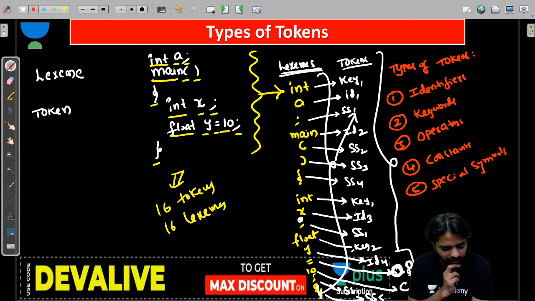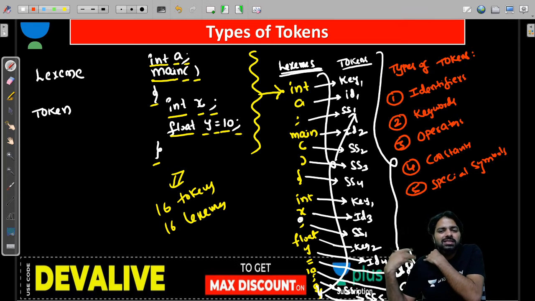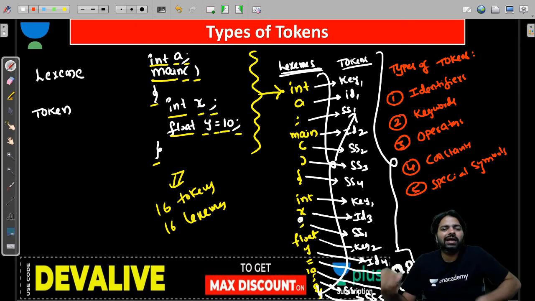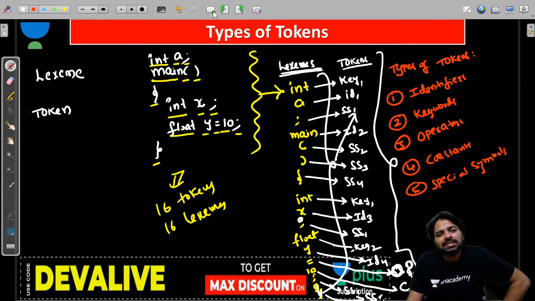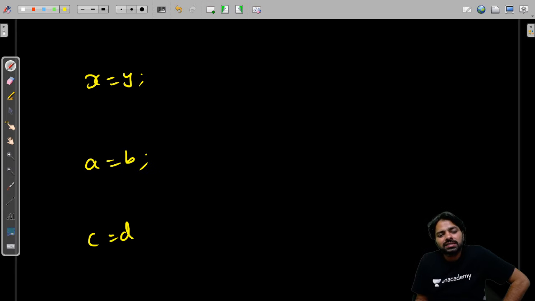Lexemes are what you have written. That's the program, whatever you write, lexemes only. But what the compiler understands is tokens. And how do you understand this difference? For you, x is equal y is different, a is equal b is different, c is equal d is different.